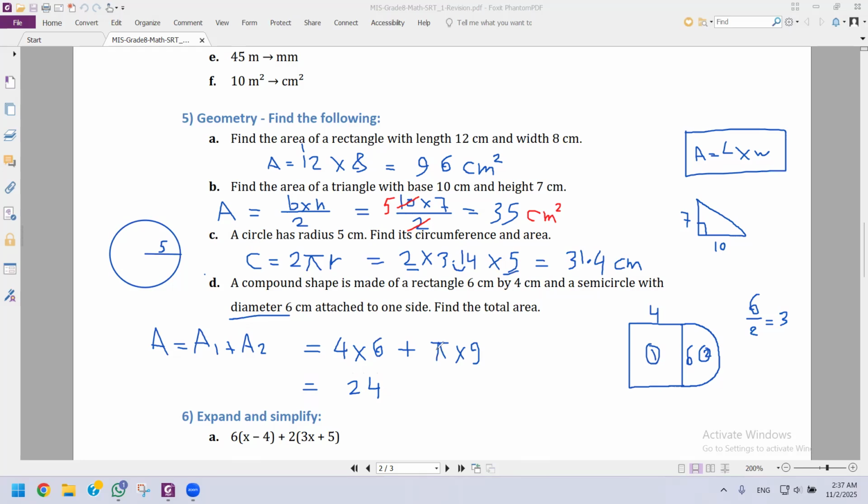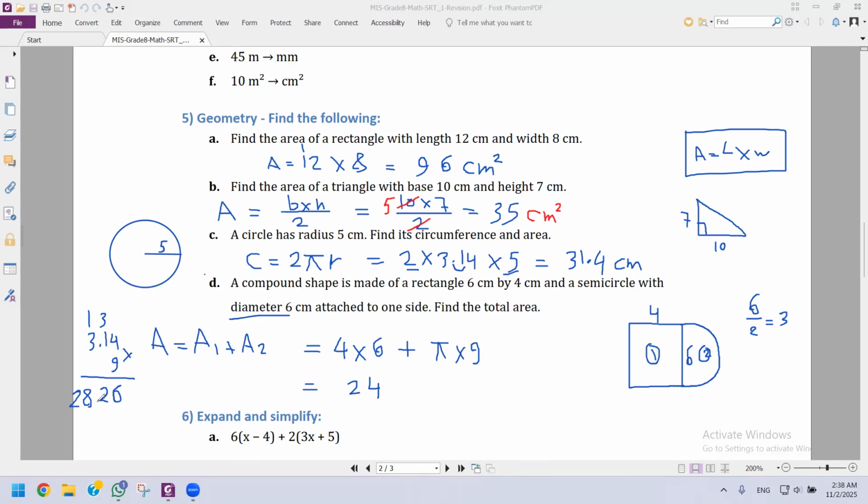Now here I have to do aside, 3.14. If pi is not given, so it's 3.14 times 9. 9 times 4, 36. 6, I carry 3. 9 times 1 is 9 and 3, 12. 2, I carry 1. 9 times 3, 27 and 1, 28. Now, how many numbers after decimal?